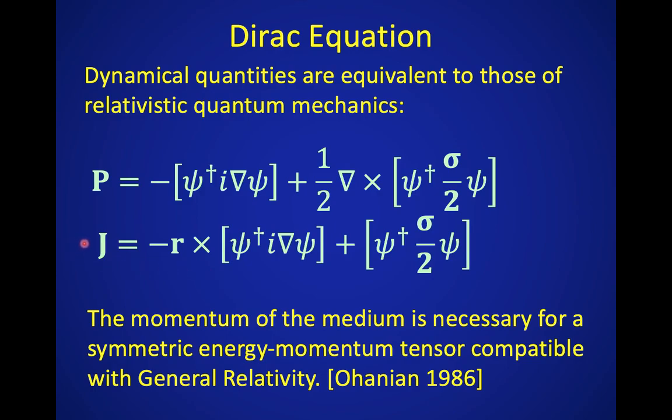Okay, so the total angular momentum of the wave and also the medium carrying the wave, that's the same as in relativistic quantum mechanics. And the momentum density has an extra term that most people would not be familiar with, but it's been shown that this term is necessary to make the energy momentum tensor symmetric, which is typically a requirement for general relativity.